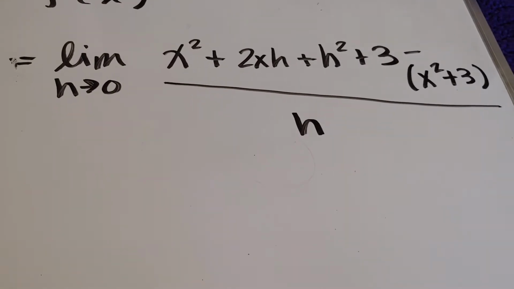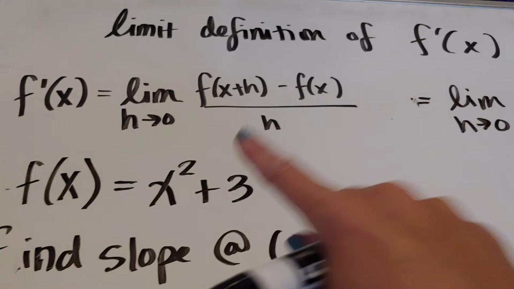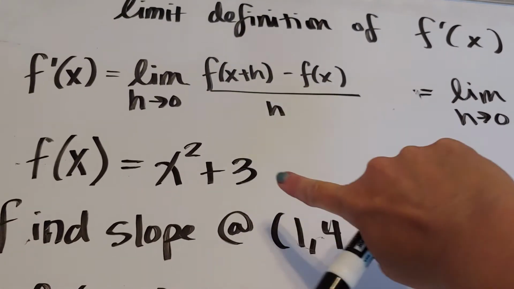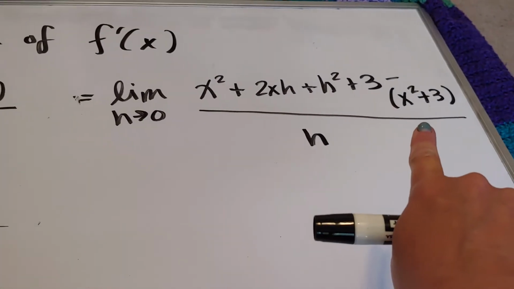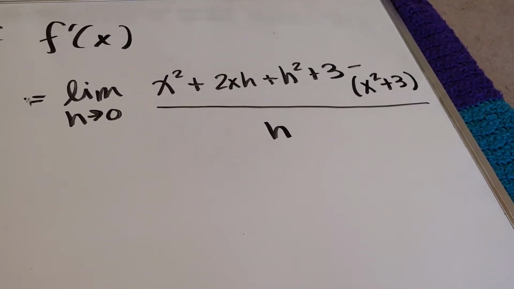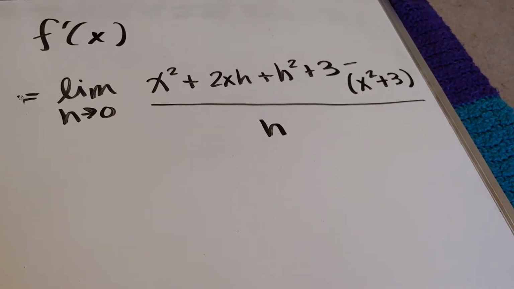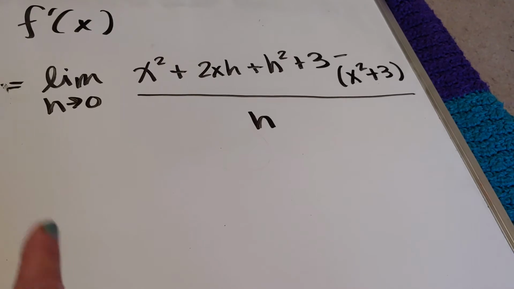What's going to happen at this initial first step of plugging in our function into this formula? So I plug this function into this formula. You're going to get a giant hot mess. It's just going to happen. What should happen, though, when we go to clean up is that everything that doesn't have an h should cancel out.